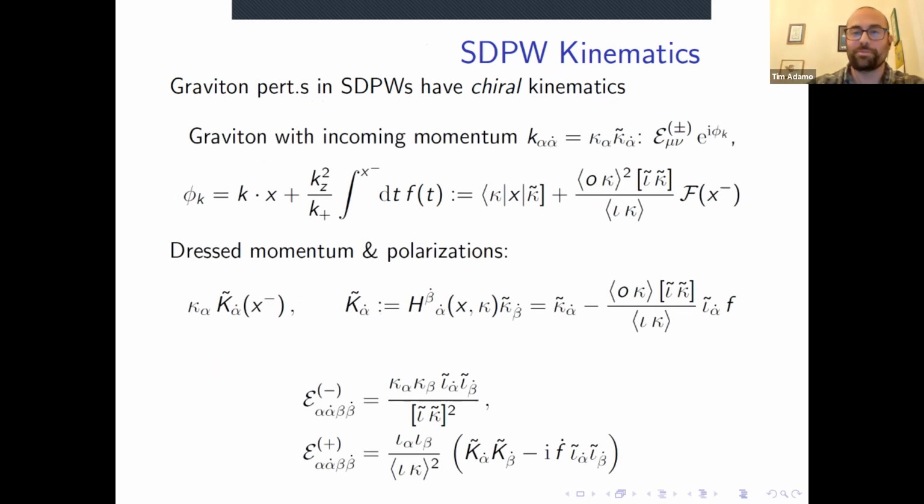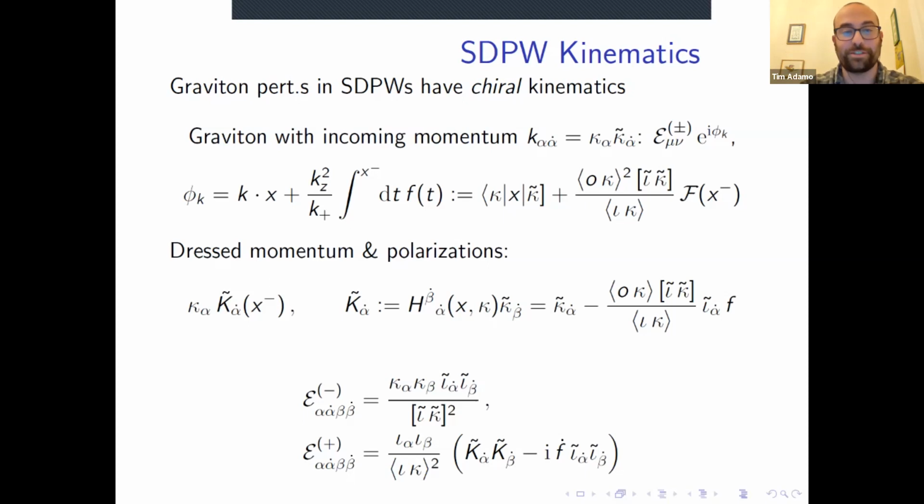Okay, but more than that, the on-shell kinematics of gravitons or gravitational perturbations in these self-dual plane wave backgrounds, they have this cute property that they themselves are chiral. So in particular, if you consider a graviton that you throw in from scri minus with some on-shell momentum, k alpha alpha dot, that can be decomposed in spinors as we usually do, because it's something that's in the asymptotically flat region, hasn't crossed the radiation field yet, then your graviton wave function has some polarization tensor, which can be decomposed into positive and negative helicity parts, and then some e to the i phi sub k, where this phi sub k is a solution to the Hamilton-Jacobi equations on the self-dual plane wave background.